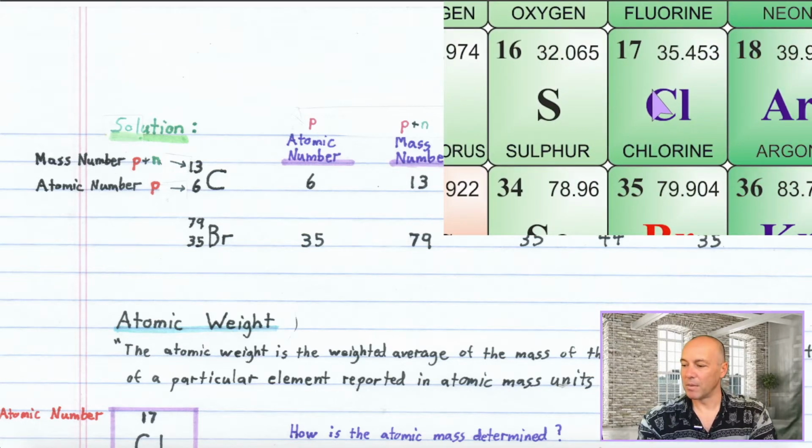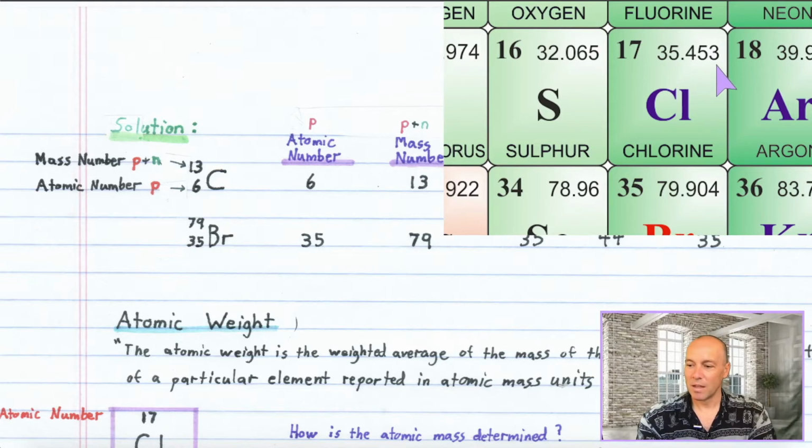Its atomic number is 17, and its atomic mass is 35.453. The atomic mass tells you basically how heavy a chlorine atom is.